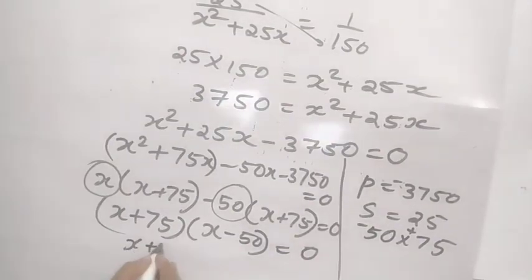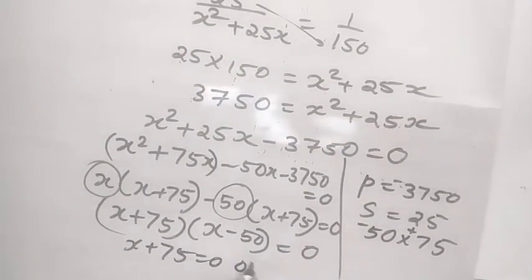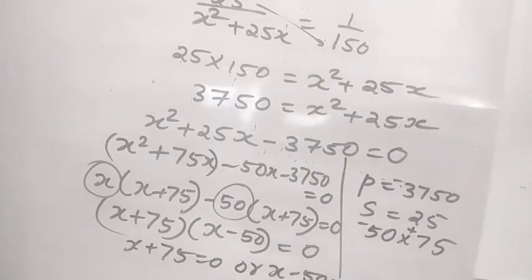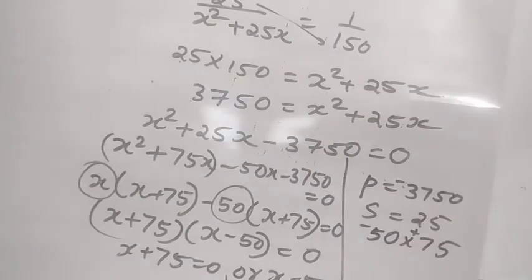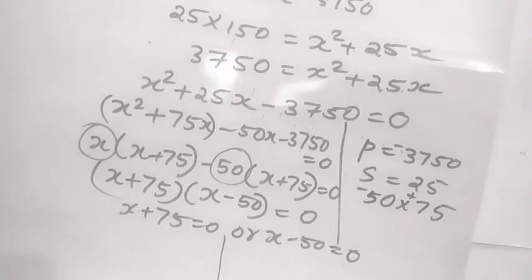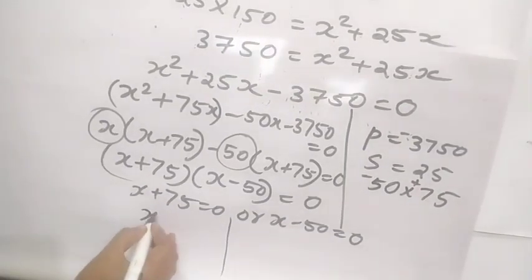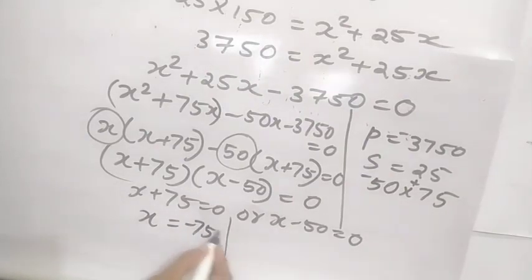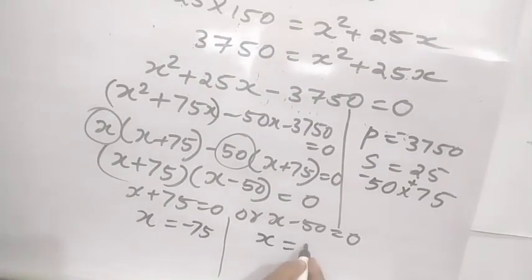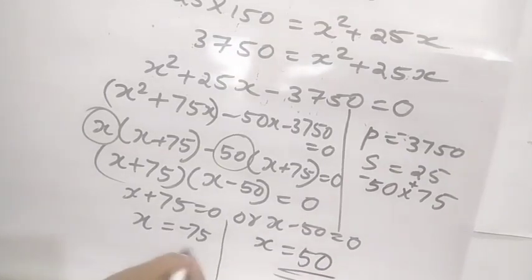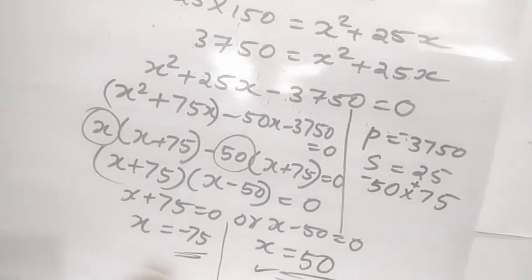Now we have x plus 75 equal to 0 or x minus 50 equal to 0. Product equal to 0 means one of the two numbers must be 0. So if x plus 75 is 0, what is the value of x? Negative 75. And if x minus 50 is 0, what is x? x is 50. We can take the positive value only.